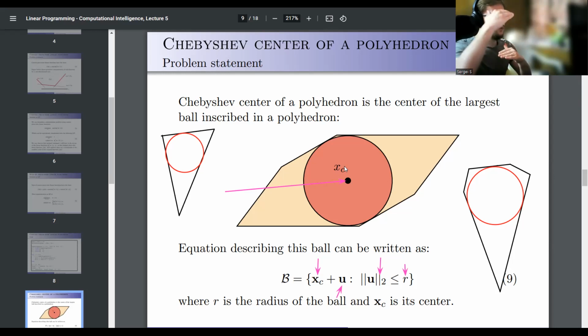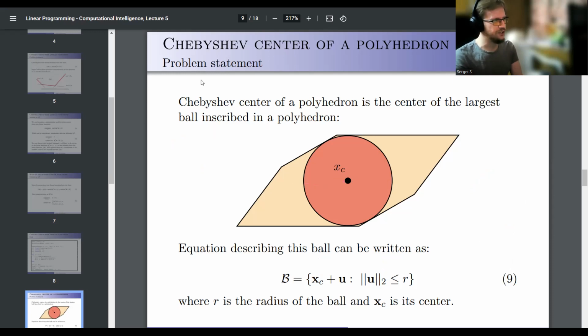Increasing the radius of the ball will eventually penetrate one of the inequalities. Moving the ball eventually will penetrate one of the inequalities. But the two do not multiply each other. The center shifts those points linearly, and so does a change of radius. So you can do those two things independently, and that is important. That is how you get linearity.